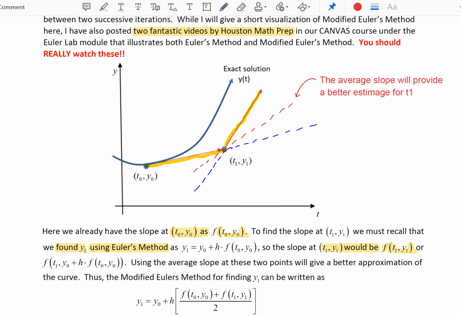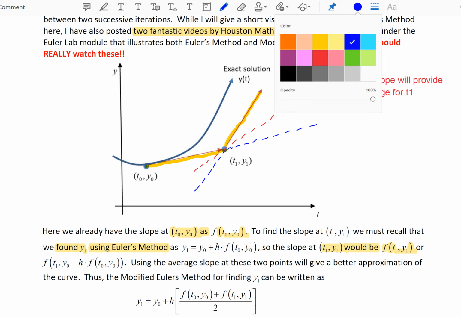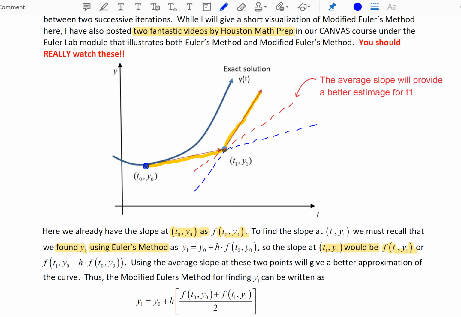So to show you that, let's start from t0, y0, which is here. And rather than moving along our first tangent line, we're going to move in the direction of our average slope, which should probably be moving in about this direction.